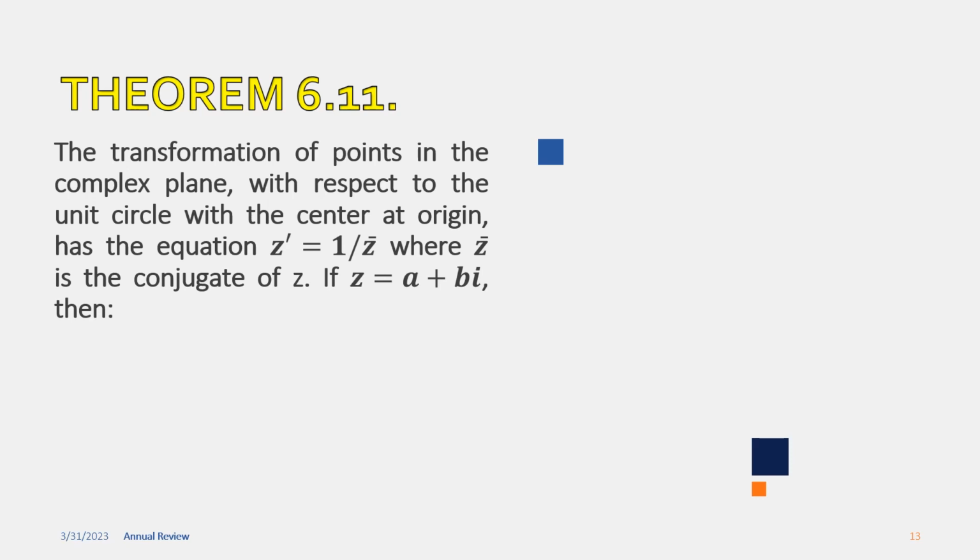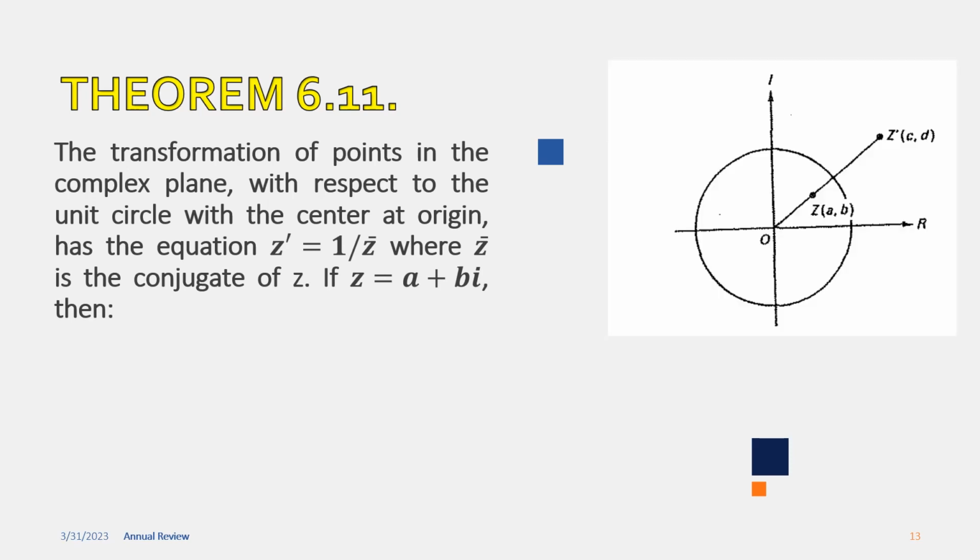If z is equal to a plus bi, where i is the imaginary number, then the same thing will happen, and z prime is equal to 1 over the conjugate of z.